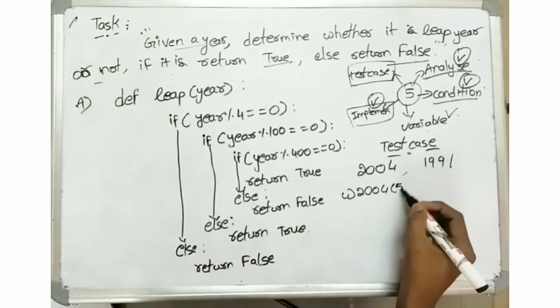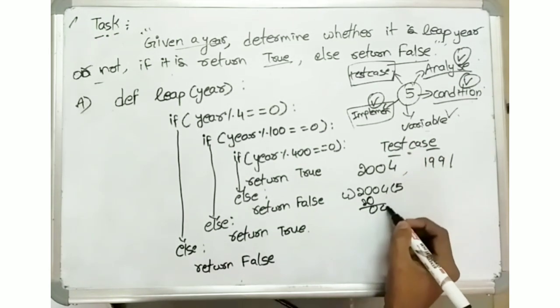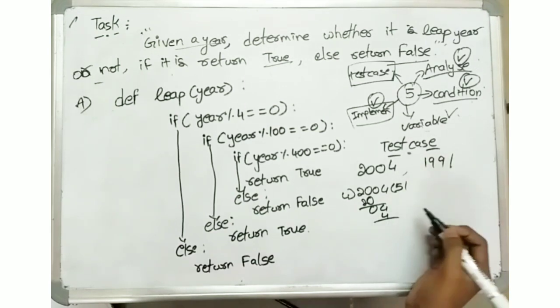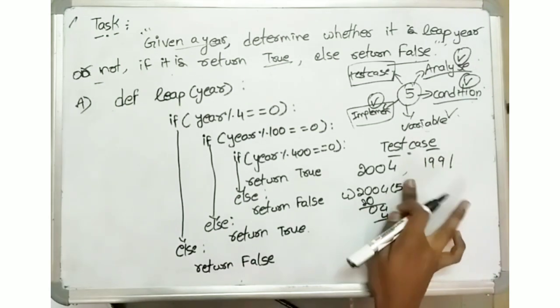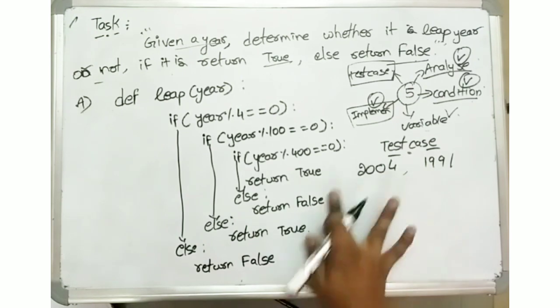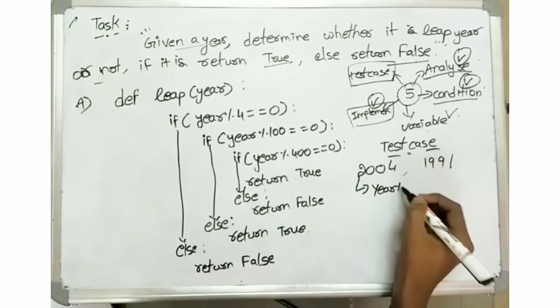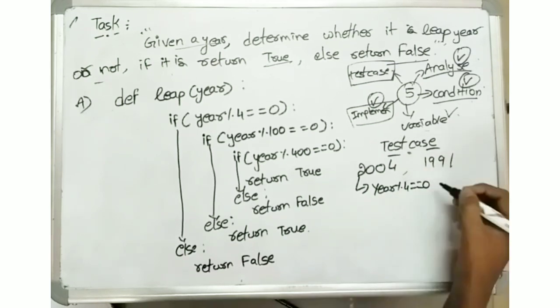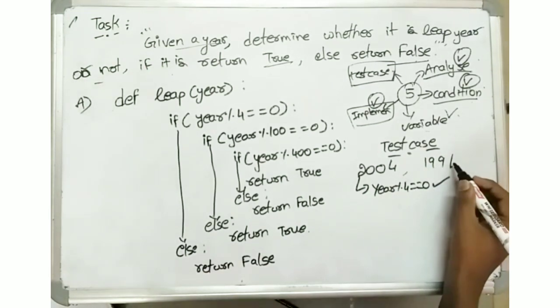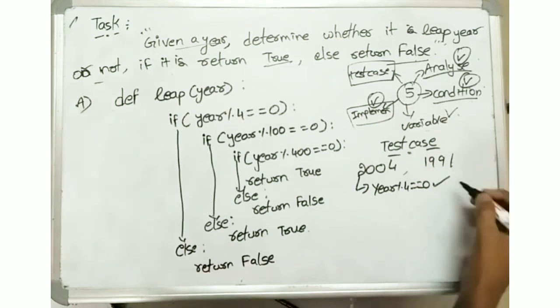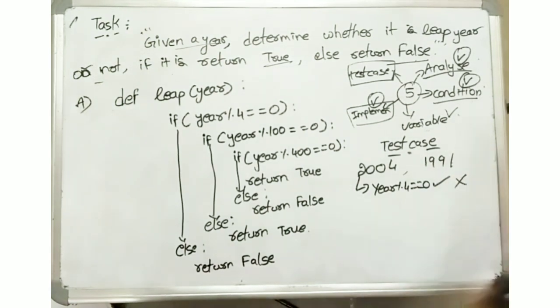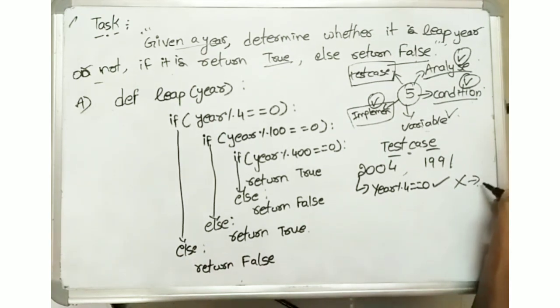Yes, it is divisible by 4. We don't require any modulus, so it is divisible by 4. Here mod 4 equal to 0 is satisfied. Now the next condition, will this be satisfied or not? I think it is not satisfied. Okay. So it is not satisfied means what do we do? We just return false.